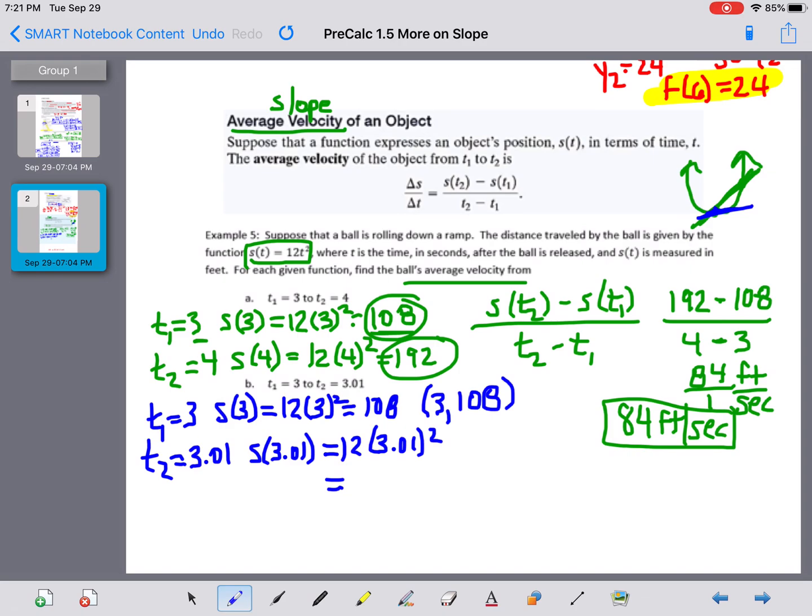And I get about 108.7212. All right, I'm going to leave it. There's my ordered pair, 3.01, 108.7212. If we try to round too early, we could actually change quite a bit of this answer. So let's try to leave that decimal out. We have no need to not do it, right? We have the calculator, so let's go for it, okay?